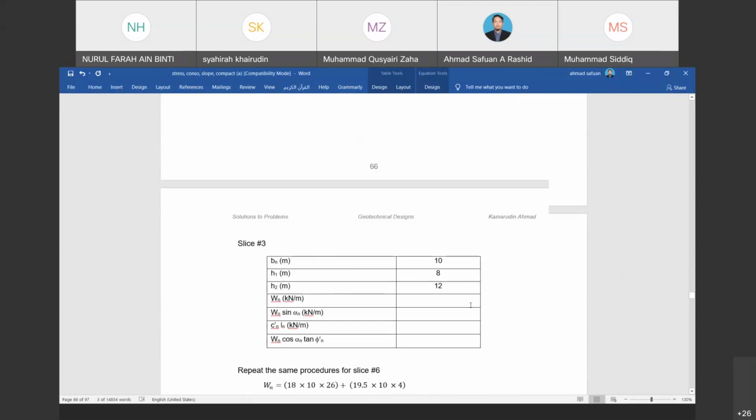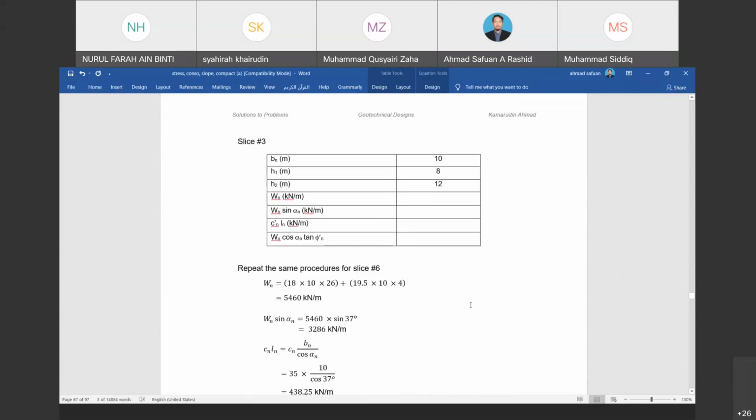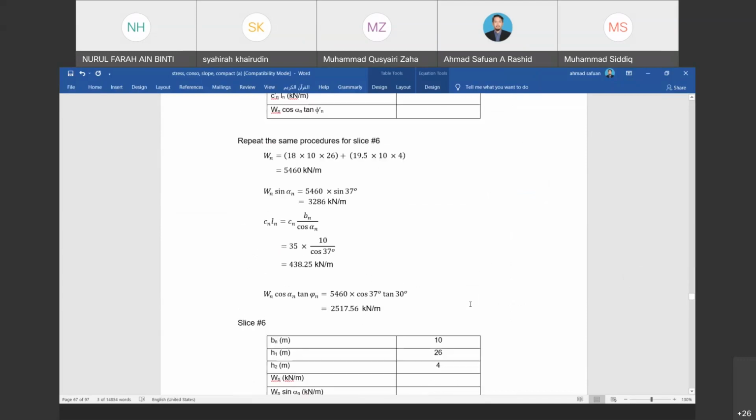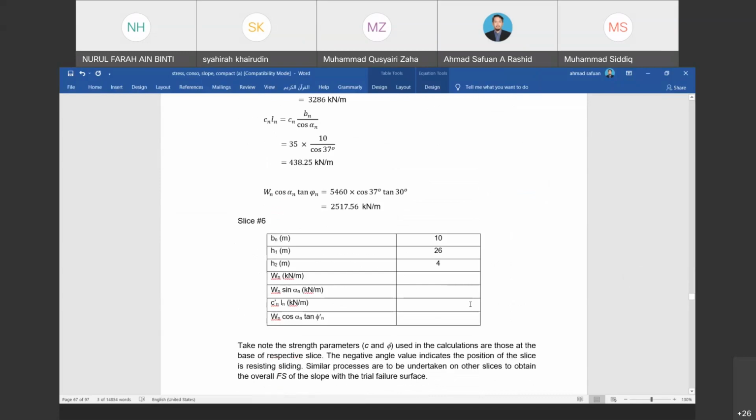While for slice number 6, repeat the same procedure. Saya tak perlu terangkan detail sebab saya dah emphasize on slice number 3. Then we obtain 2517.56.